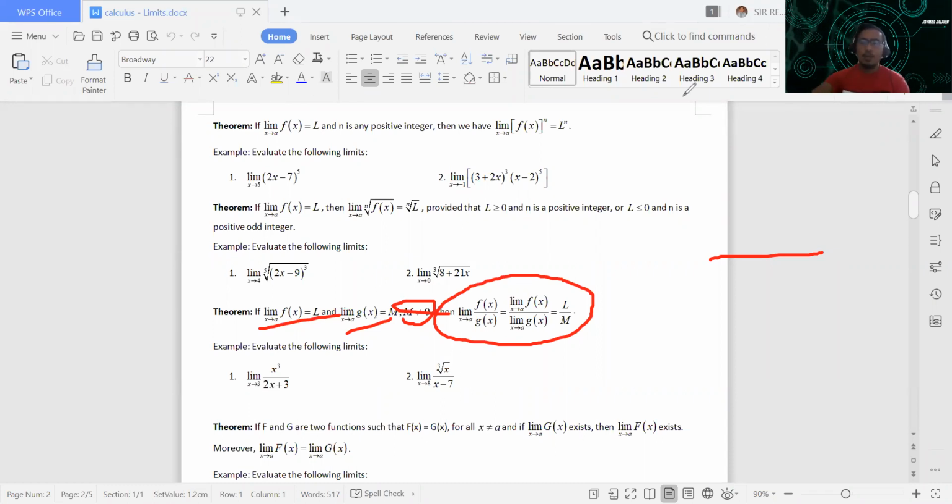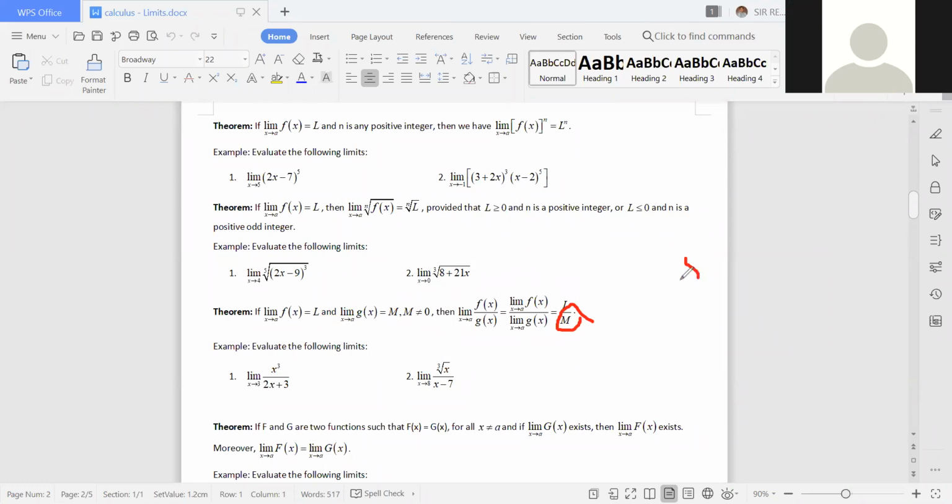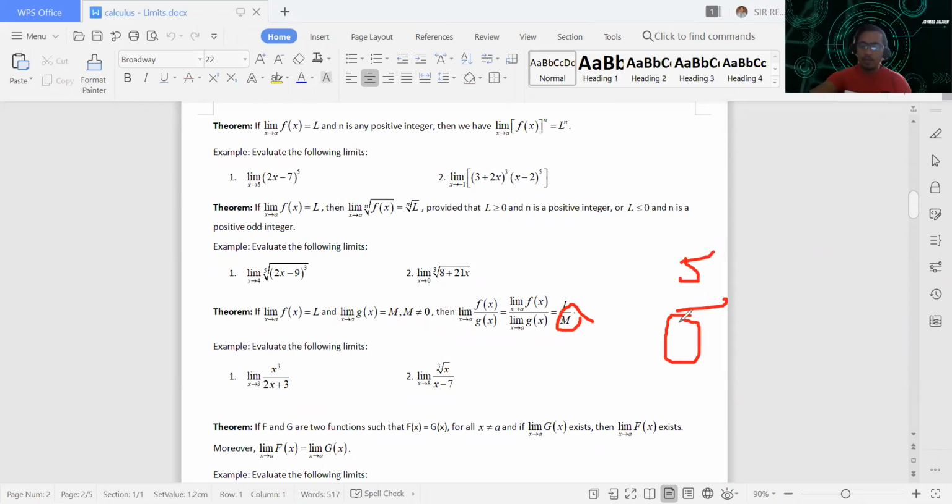We will discuss limits at infinity later. As of now, M should not be equal to 0, because if M is 0, it will be a number over 0, and we know that it is undefined in the real number system. But again, in taking the limit, there are conditions to be considered.